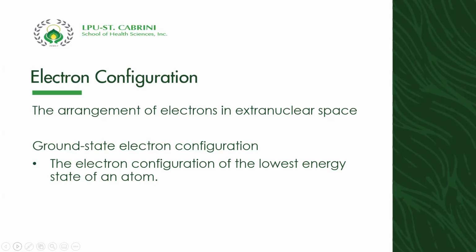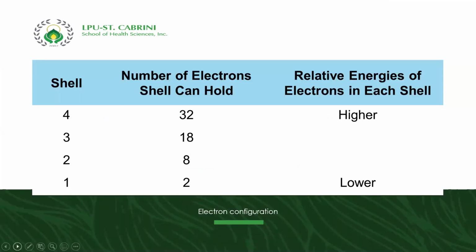We have three rules to follow on how we are going to do electron configuration. This is what I was telling you a while ago. We have the four shells, the 1, 2, 3, 4 shells, and the number of electrons they can hold. Shell 1 can only hold 2 electrons. Shell 2 can only hold 8 electrons.